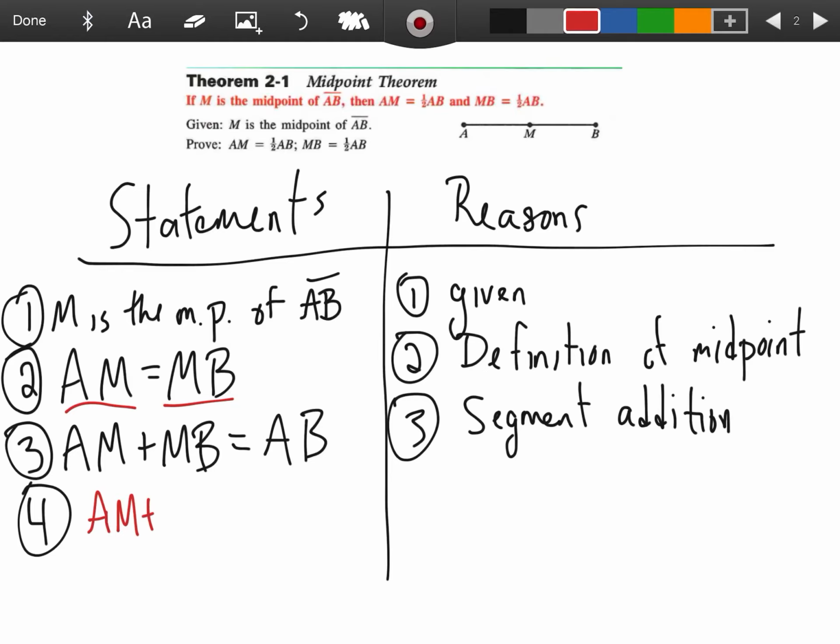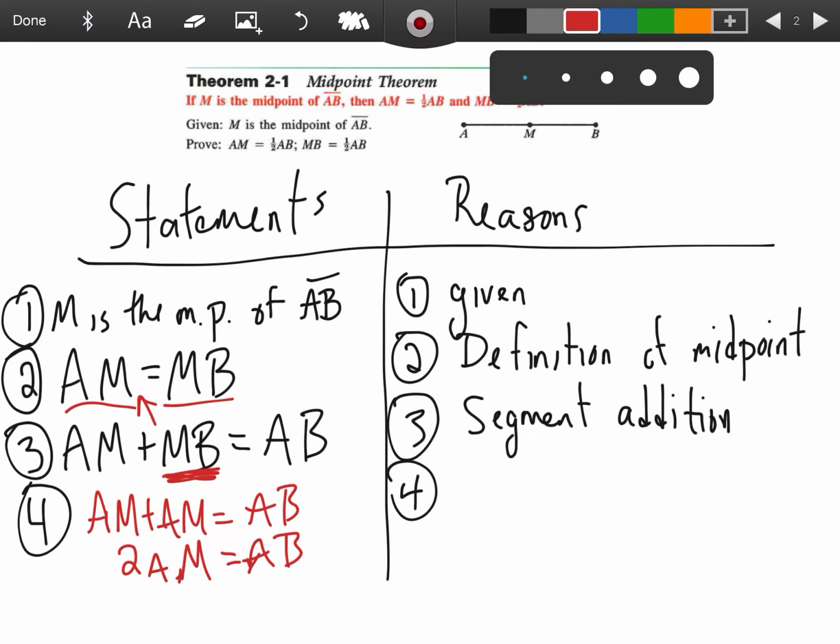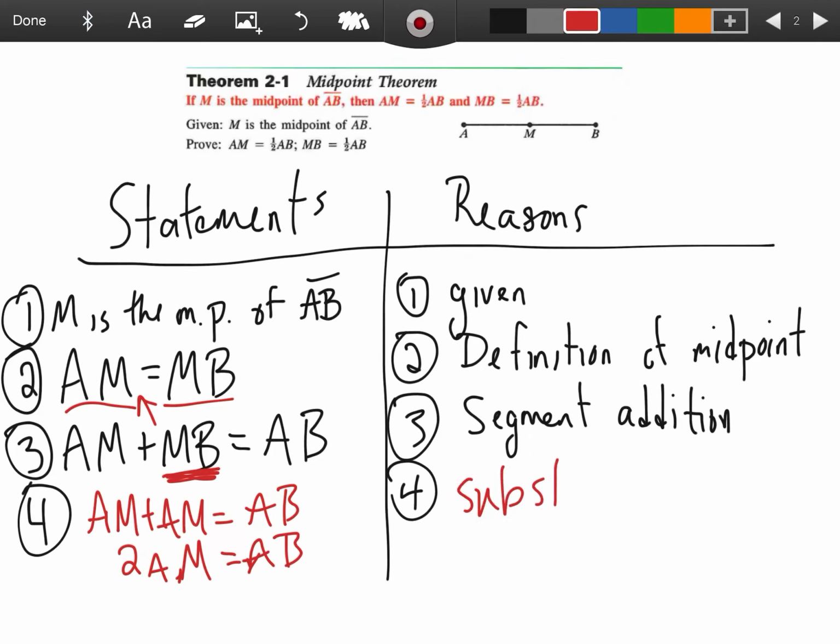So instead I'm going to say AM plus AM has to equal AB. That's the same exact thing as 2 times AM. So 2 times AM has to equal AB. What did I do there? I substituted, so substitution will be my reason.